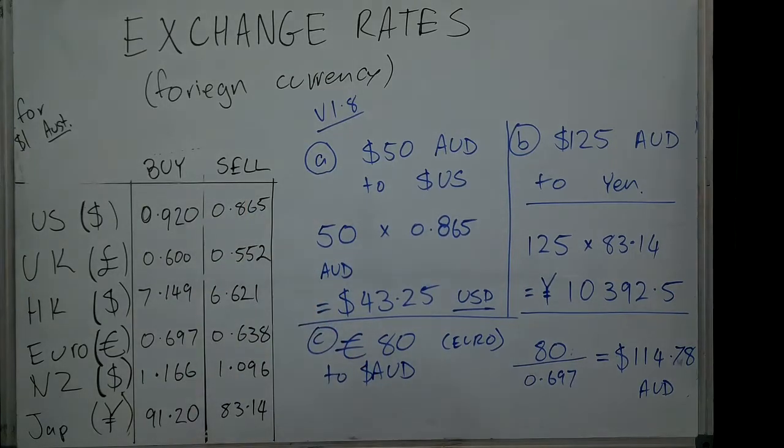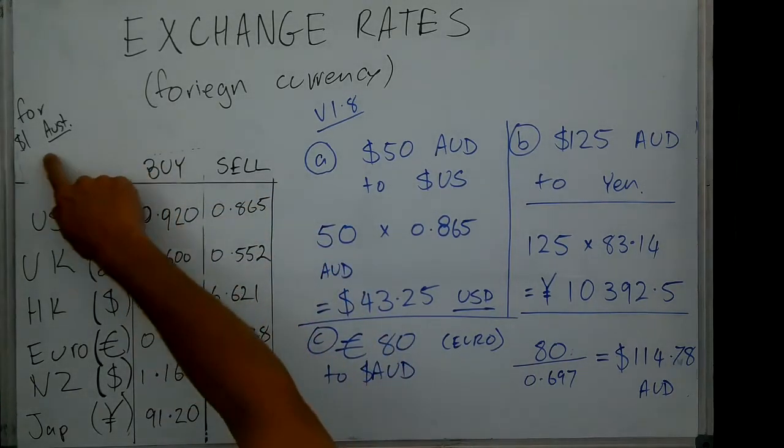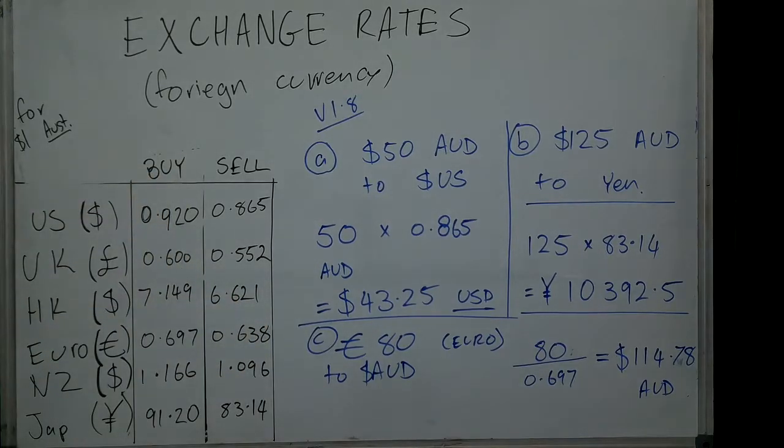As soon as you go overseas with your Australian dollars, then the bank in the foreign country will buy your foreign currency, but the numbers will be different because they will be comparing it to their currency, not Australian dollars.